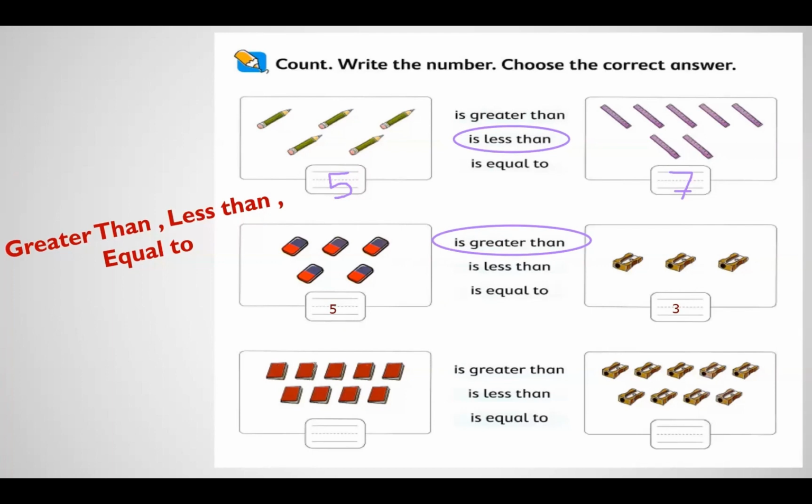Count them. 1, 2, 3, 4, 5, 6, 7, 8, and 9. They are 9. So put number 9 here. And now count the sharpeners. Yes, if you count, you will find they are 9. Now here is 9 and here is 9. They are the same. And the same means equal to. So 9 is equal to 9.